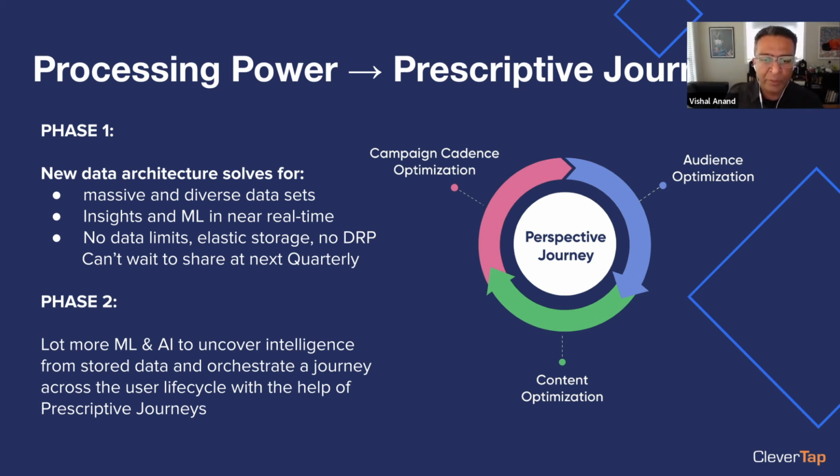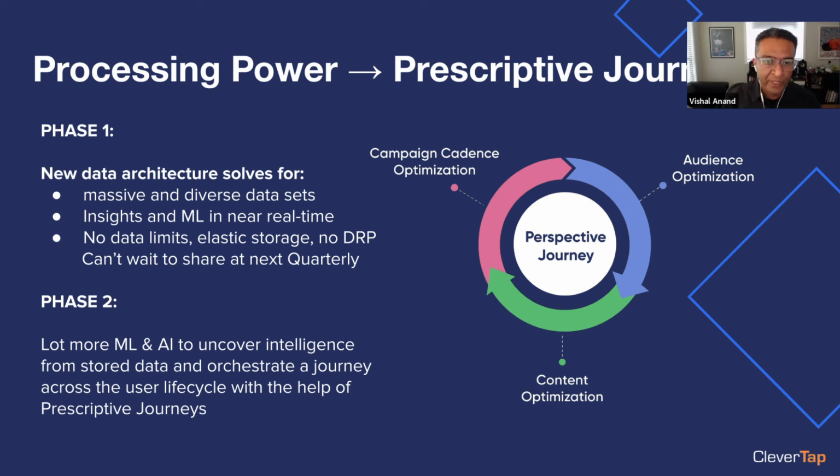With prescriptive journeys, the diagram that you see on the right, our idea is to essentially take the guesswork out of creating these experiences. The guesswork of creating segments, the guesswork of creating content, the guesswork of figuring out when to reach out to users. Essentially, you tell us a goal that you want to optimize for, and we'll stitch together journeys that help meet that goal.